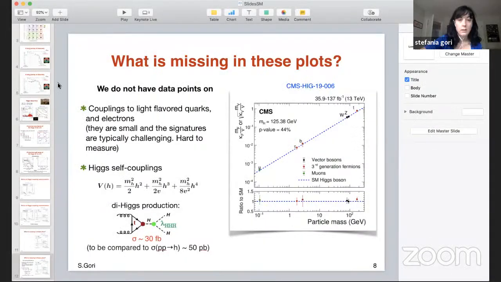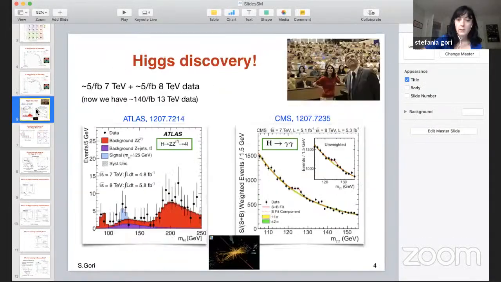So this is a slide. Let's see. You can see my screen, right? The slide. Okay, great. So this is a slide about the Higgs boson discovery. This is a picture that was taken the day of the announcement at CERN, the 4th of July 2012. As you see written here, this was done using really a small amount of luminosity at LHC.